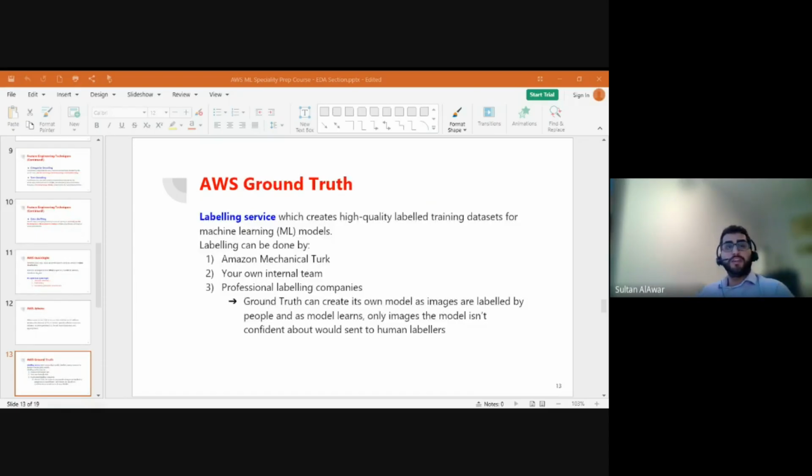The next topic that we're going to talk about is AWS Ground Truth, and it's a labeling service which helps us create high quality labeled training data sets for ML models, because one of the biggest challenges of doing ML with unstructured data, such as text or images, is that we have high quality but unlabeled data, and we need some sort of labeling in order to solve some ML problems.